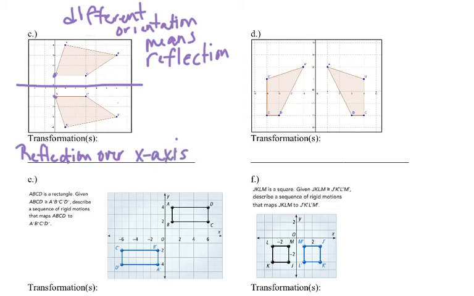Let's take a look at part D. A, B, C, D is clockwise. A prime, B prime, C prime, D prime is counterclockwise. So that means we have a reflection because the orientation is different.